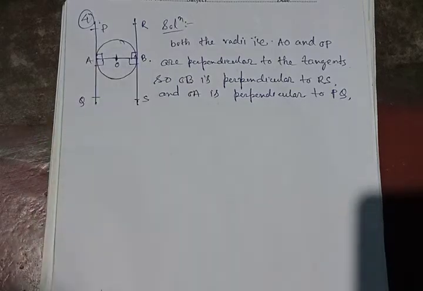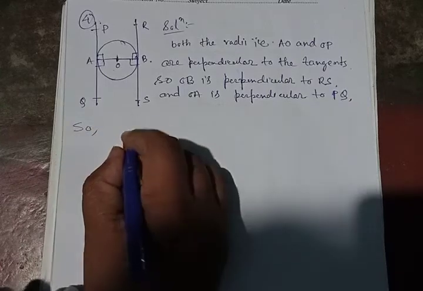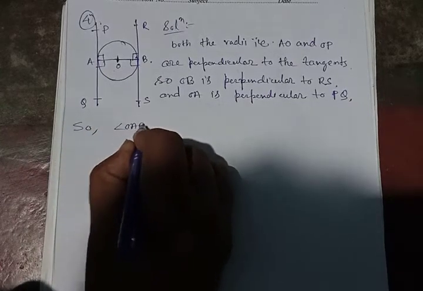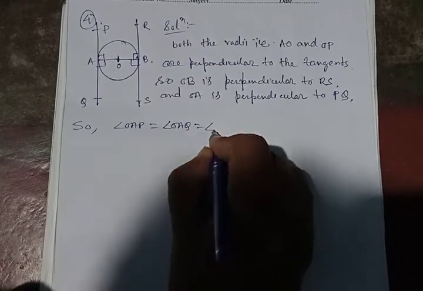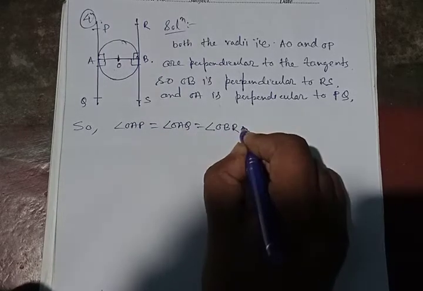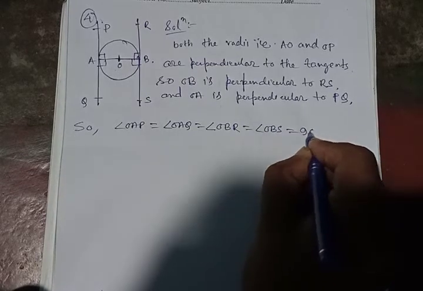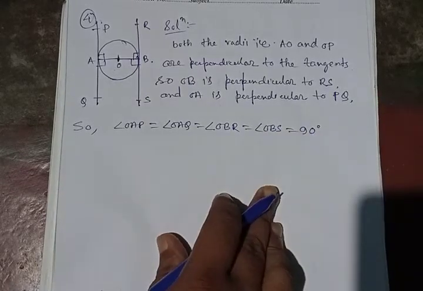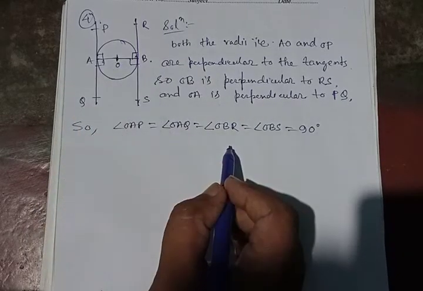This is perpendicular to PQ. So angle OAP is equal to angle OAQ is equal to angle OBR is equal to angle OBS. That equals how much? 90 degree. These all angles are 90 degree. That I have written here.